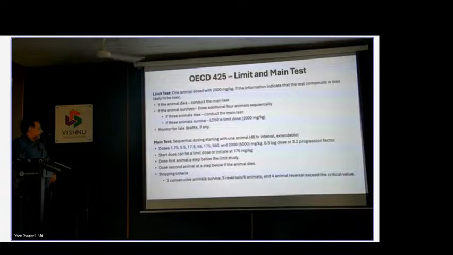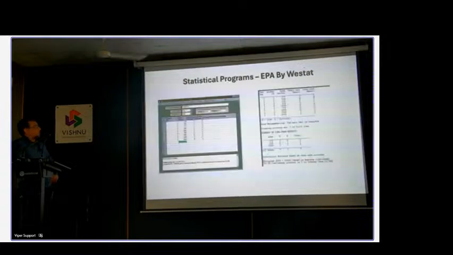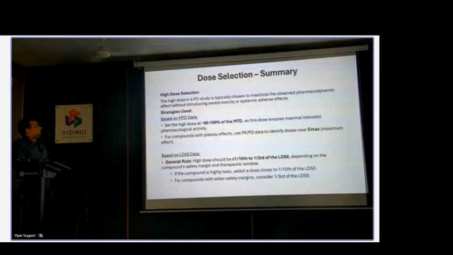You can step up or step down depending on the results, and there are stopping criteria to conclude the LD50 value. But that is not the end; you interpret that using software, or you can use formulas that are all available in the guidelines. So you can use those and establish the LD50.